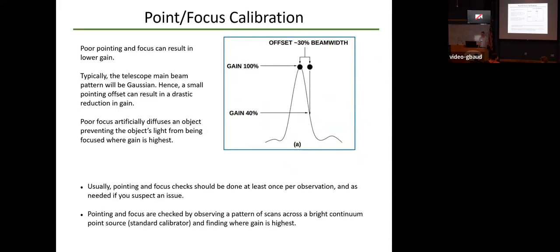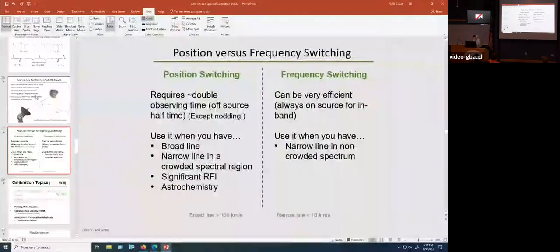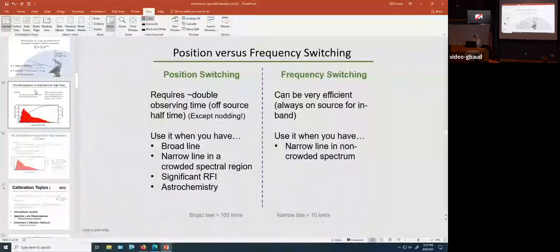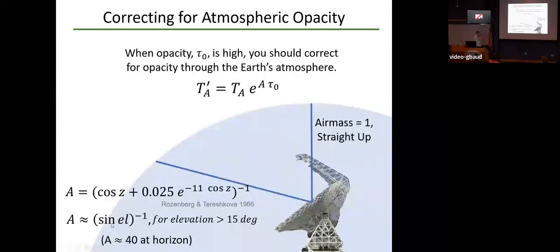In the atmospheric correction equation, are the zenith angle and elevation measured with respect to the horizon? Yes, the elevation is measured with respect to the horizon. Zenith is with respect to straight up.